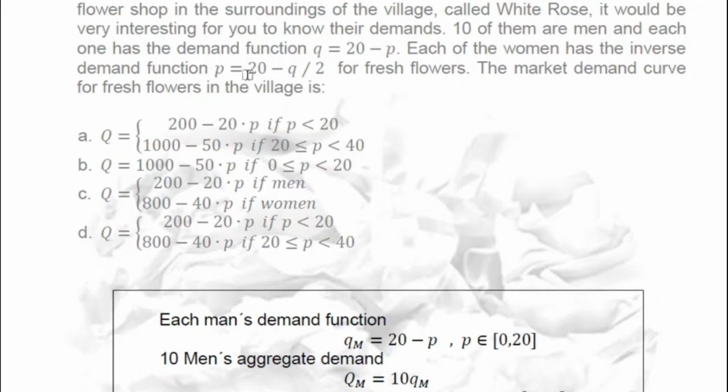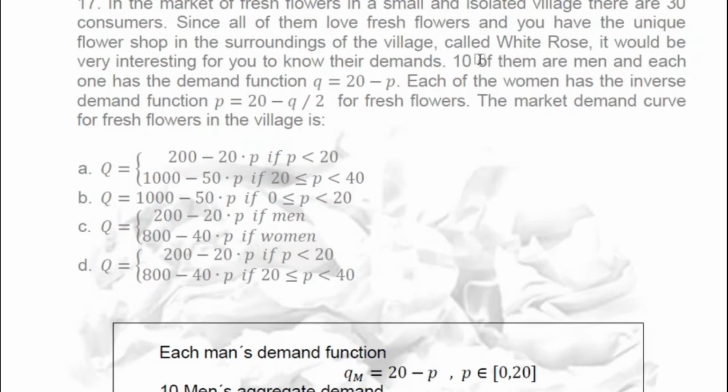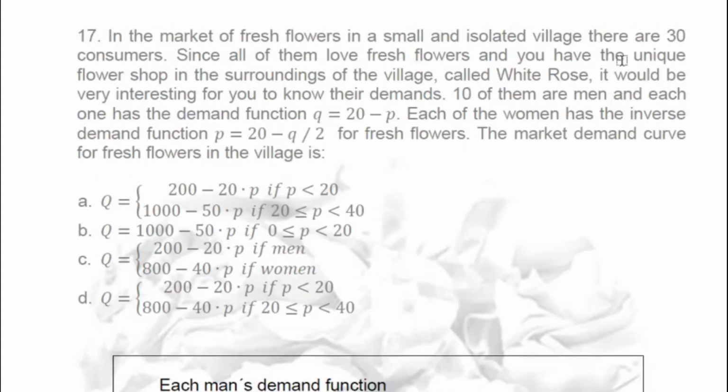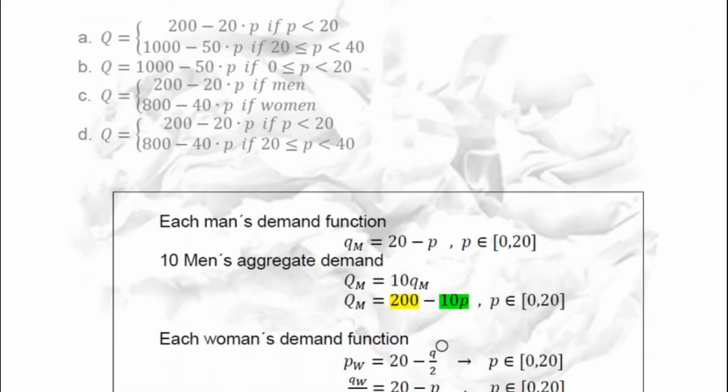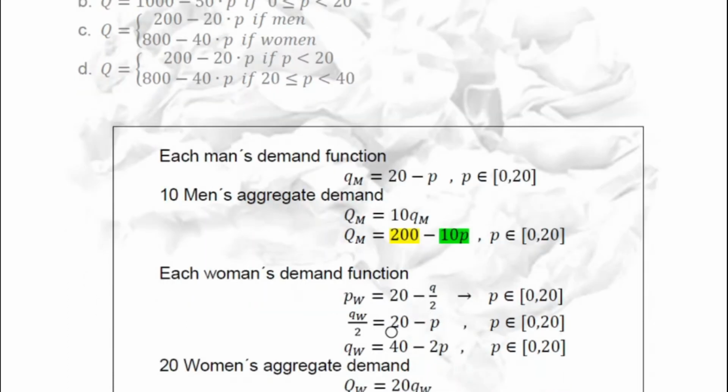Now women, we need to isolate Q because we want to multiply for the 20 women. They are in total 30 people, and there are 10 men. So each woman's demand function: we isolate Q, that is Q halves equal to 20 minus P, then we carry 2 to the right hand side, is 40 minus 2P.